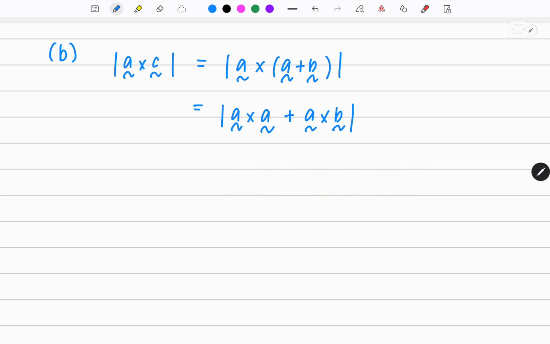So what we're really left with is actually just a modulus of A cross B. Okay, 0 plus A cross B. Okay, so in the end, I will just have modulus A cross C equals to modulus of A cross B. From here, based on the vector product definition, let us evaluate this. So you will actually get modulus A, modulus C, sine of a certain angle, agree?